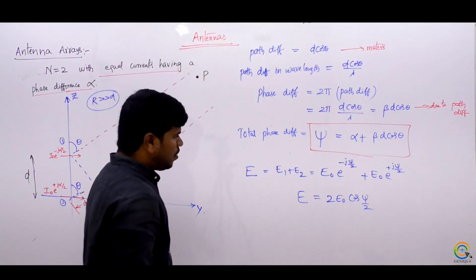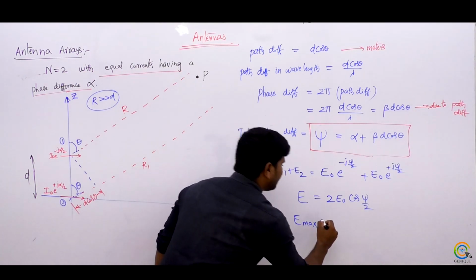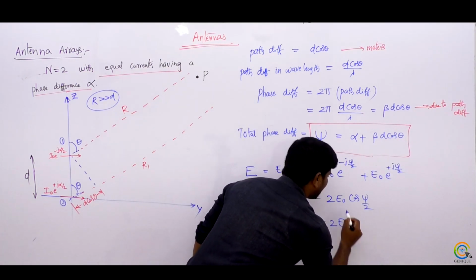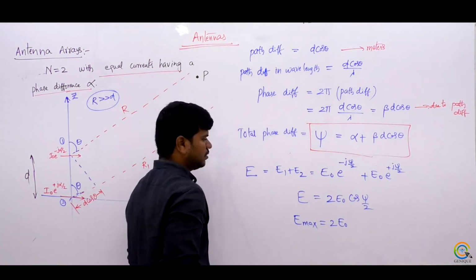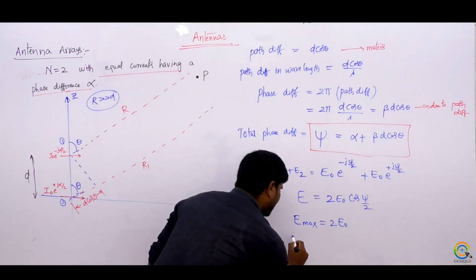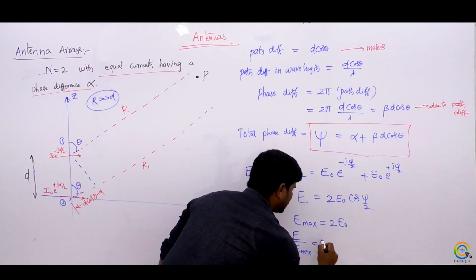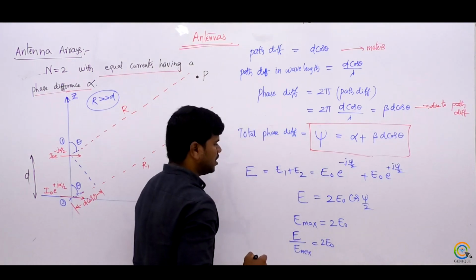Now what is the maximum value, E max? The maximum value here is equal to 2 E naught. So E max is equal to 2 E naught.